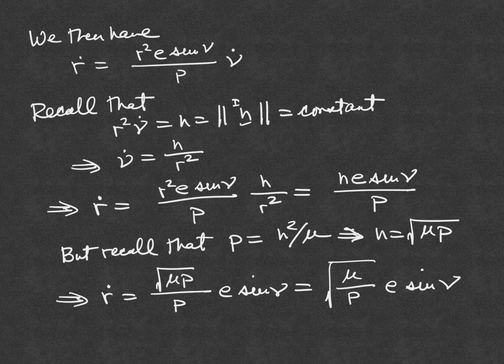So now we have an expression for R dot: R dot is equal to the square root of mu over P times E sine of nu.